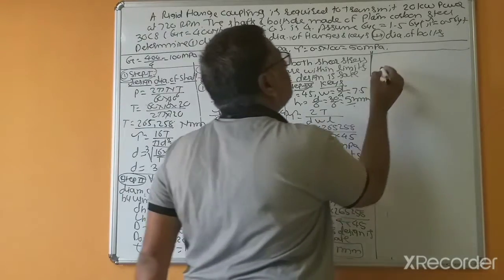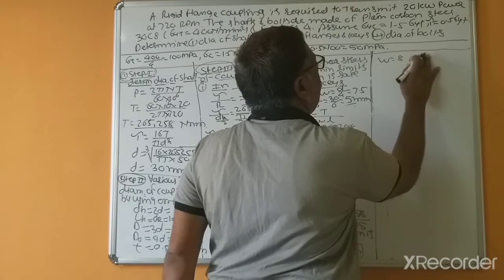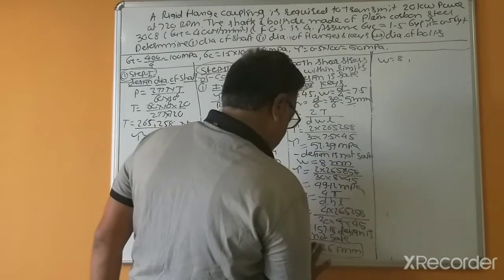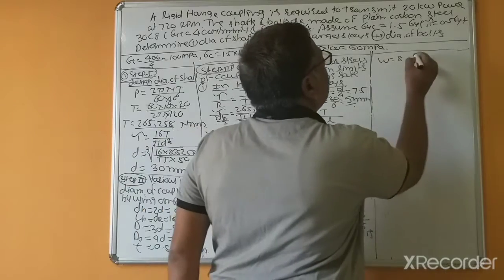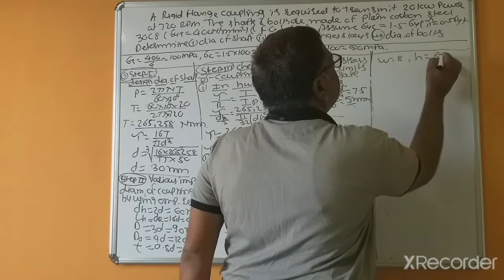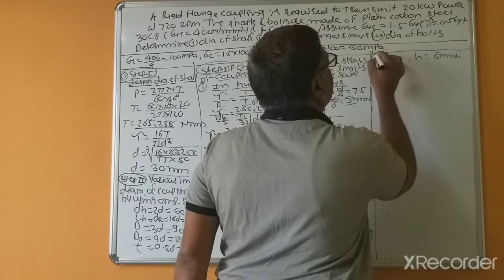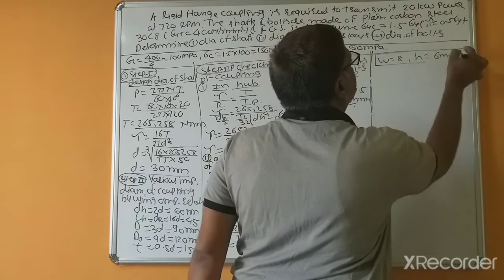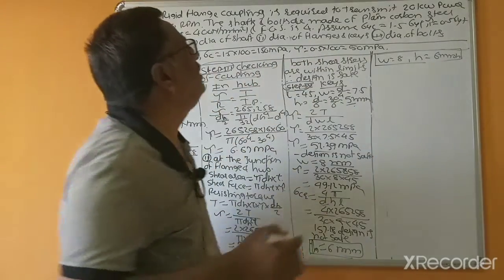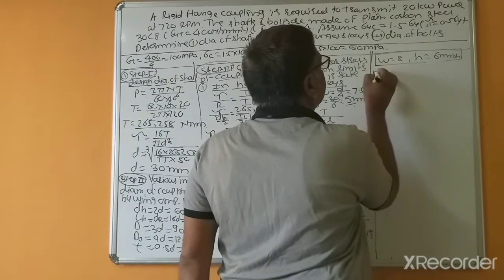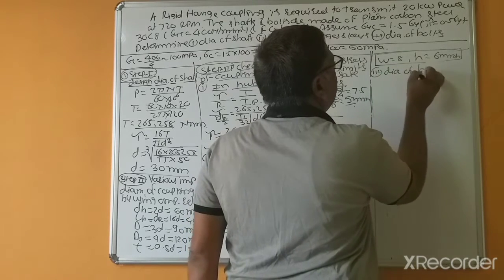Means dimensions, width equal to 8 mm and height H equal to 6 mm. This is your second bit, diameter of the flanges and key. Last bit, diameter of bolts.